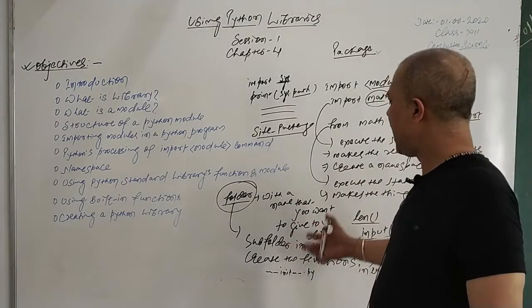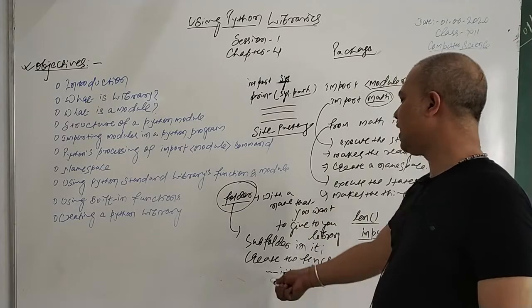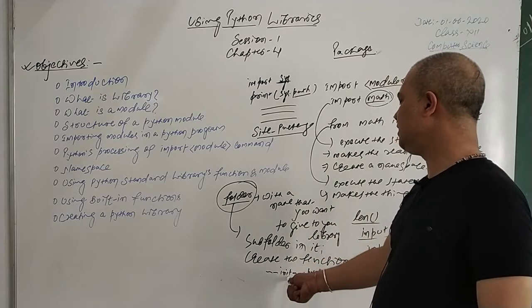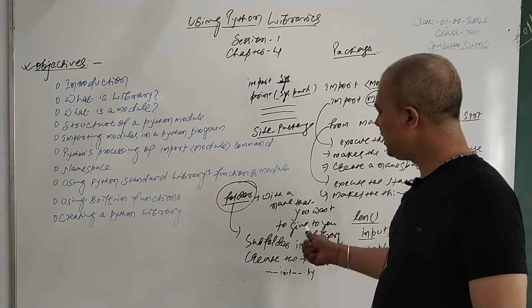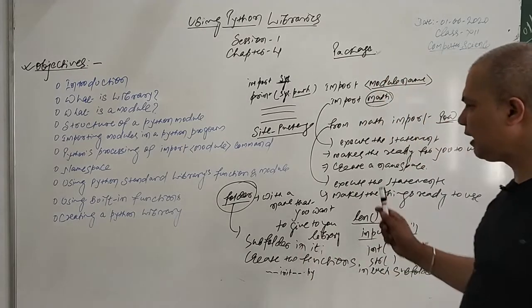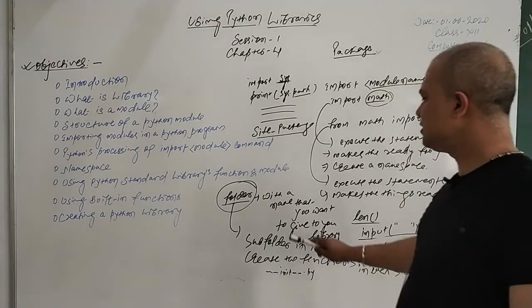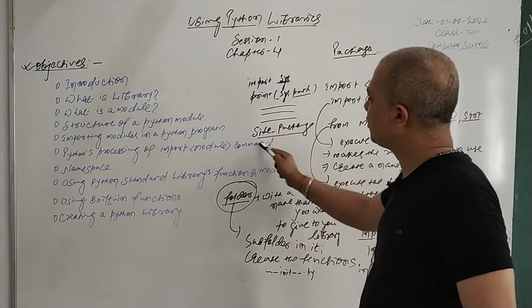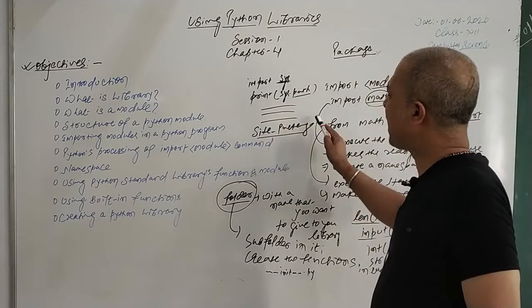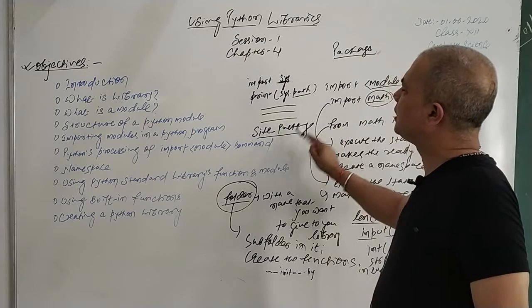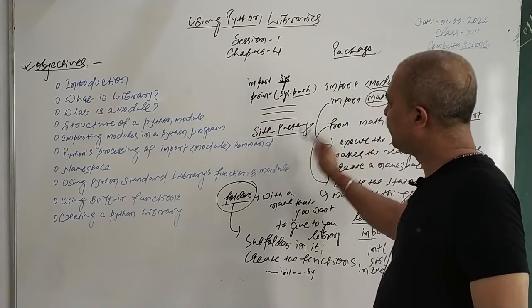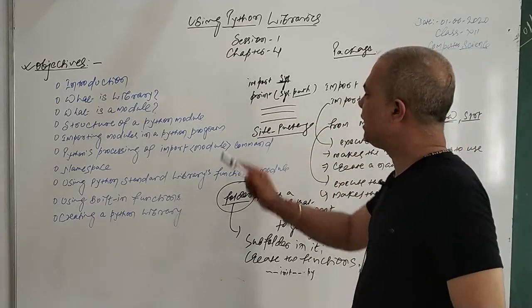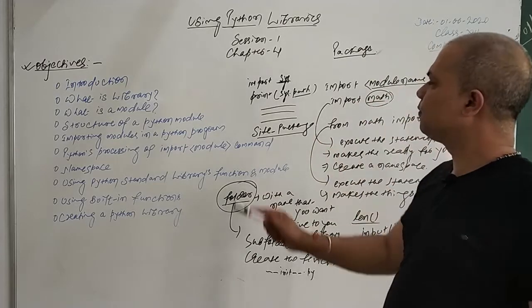Then have the file __init__.py in every subfolder, which is required, and then this complete folder is required to be stored in site-packages. This is the part of Python from where Python looks for, or searches for, a library.